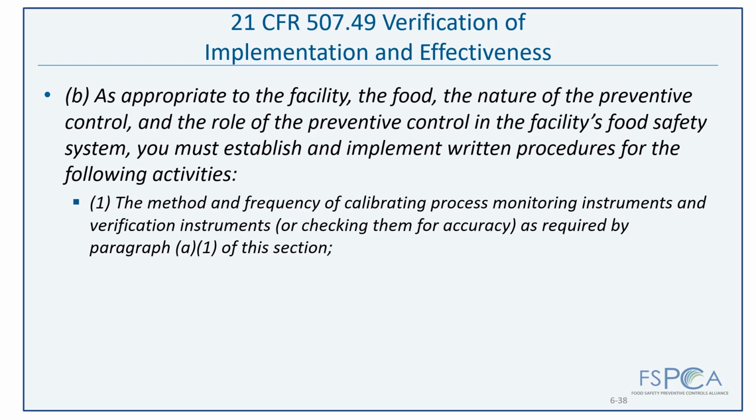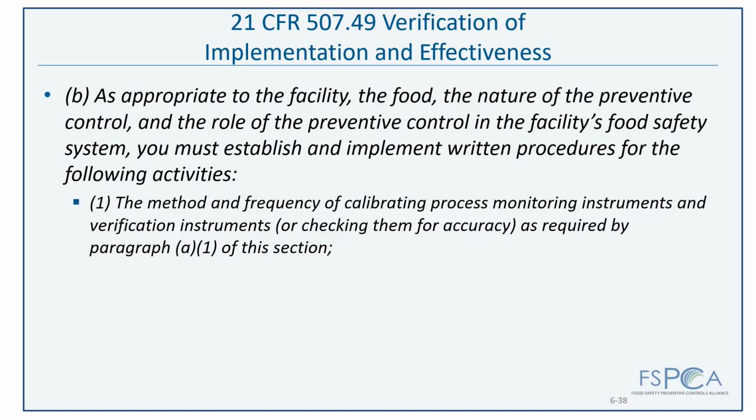So part A of this section 50749 showed us all of the things that we could do as verification of implementation and effectiveness activities. And part B tells us that if we're going to do those things, we need to write them down. Okay, so again, establishing and implementing written procedures for all of our verification of implementation and effectiveness.